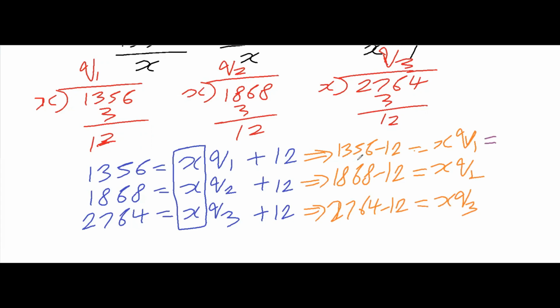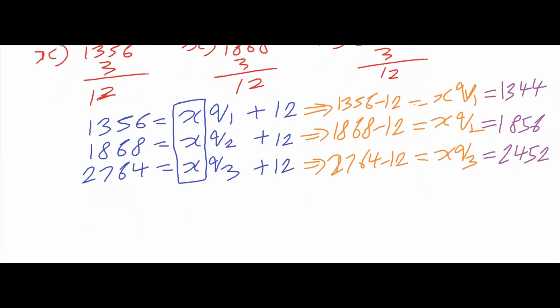Now when I solve, 1356 minus 12 gives 1344, 1868 minus 12 gives 1856, and 2764 minus 12 gives 2752. Now I understand that if this number is x into q1, this is x into q2, and this is x into q3, then the HCF of these will be nothing but x.